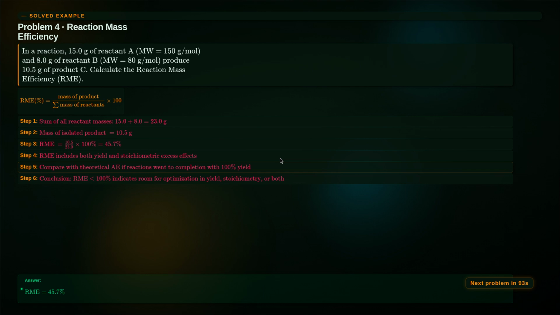Sum of all reactant masses. 15.0 plus 8.0 equals 23.0 grams. Step 2. Mass of isolated product is 10.5 grams. Step 3. RME equals 10.5 divided by 23.0 times 100%, giving 45.7%.